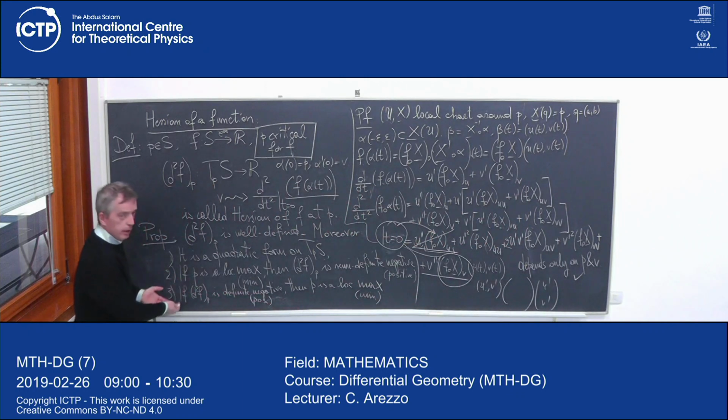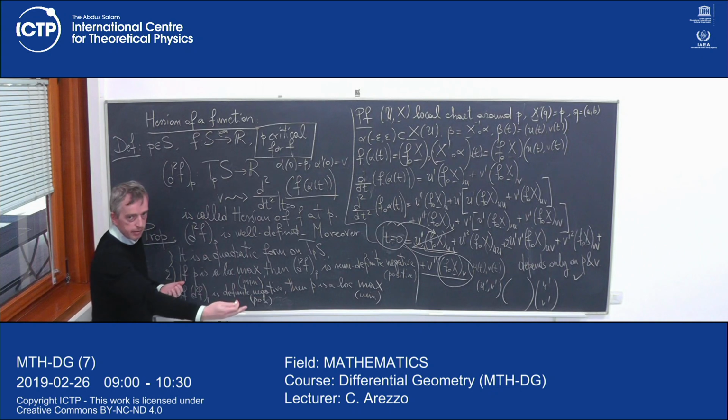And why is the calculus theorem obviously true? I don't have to waste time. Precisely because of what I just said. This is the Hessian of f, which is represented with respect to the standard basis by the old Hessian of f composed with x.